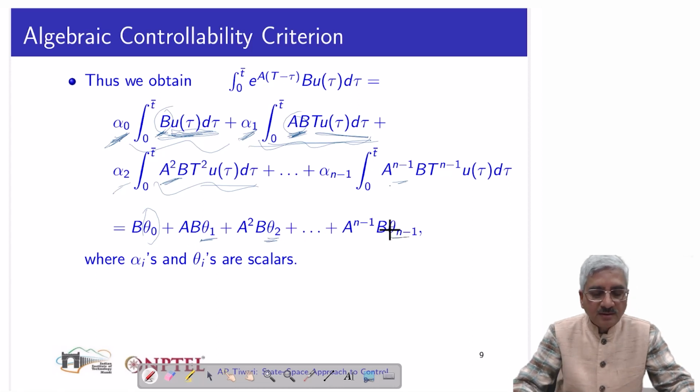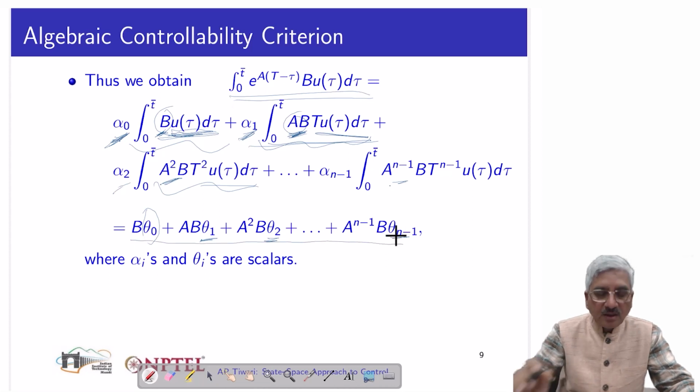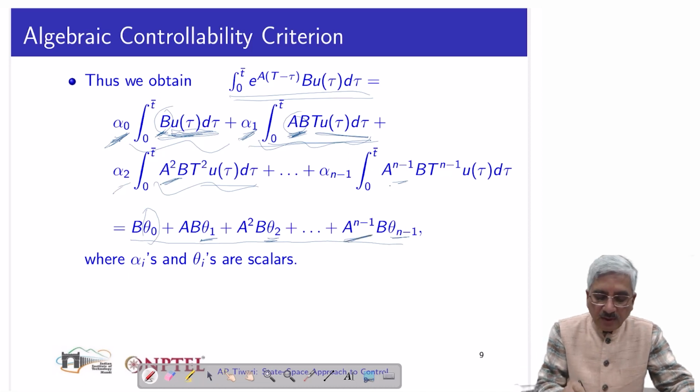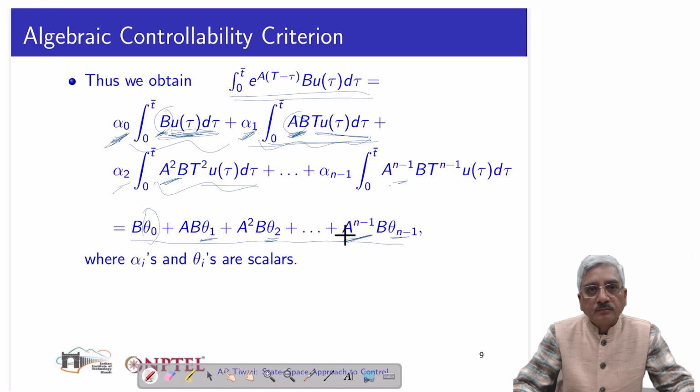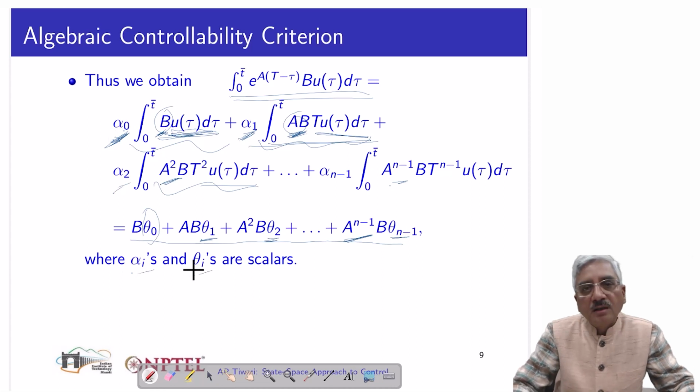So we see that this integral gets expressed as a linear combination of matrices B, AB, A square B, etc. up to the power n minus 1. Of course, as I told, alphas and thetas, they are all scalars.